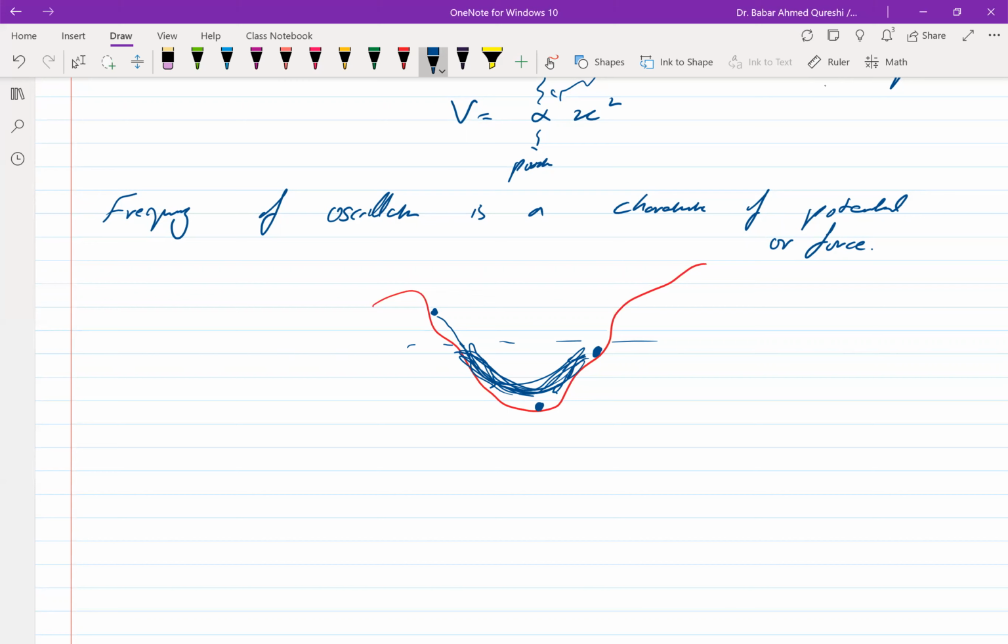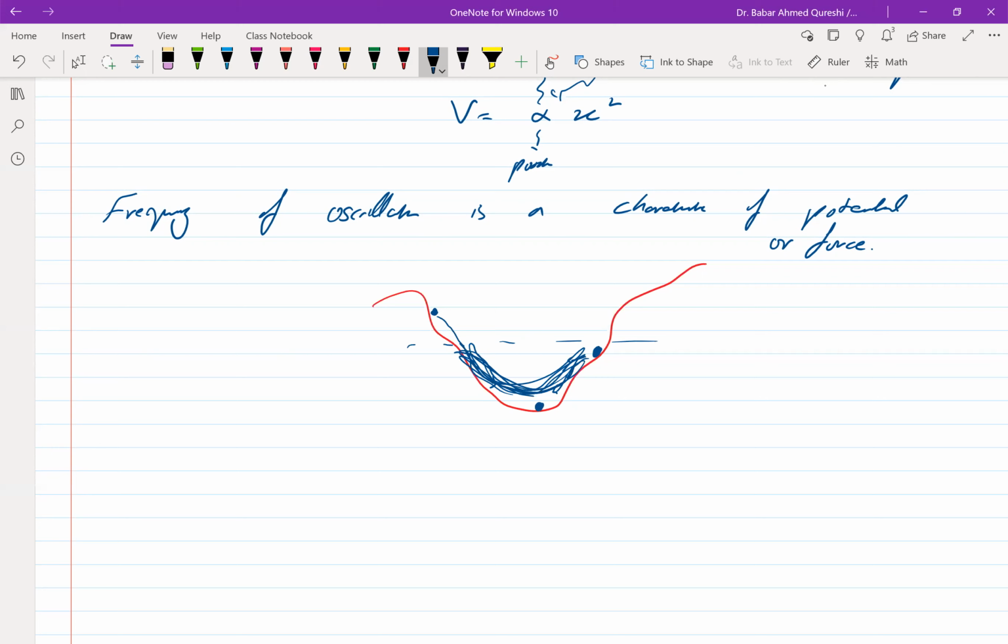So if you are trying to describe any system which is bound, it could be an atom, some electron inside the atom, even, classically speaking, things which are held together through various springs or through any metal. As long as they are not flying away, and there are forces keeping them confined, it will take some form of a potential like that.